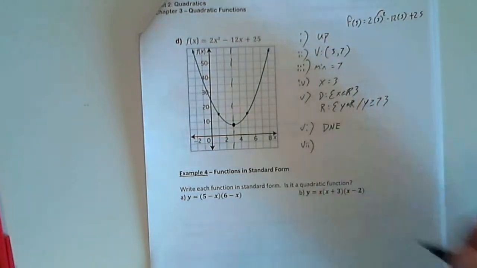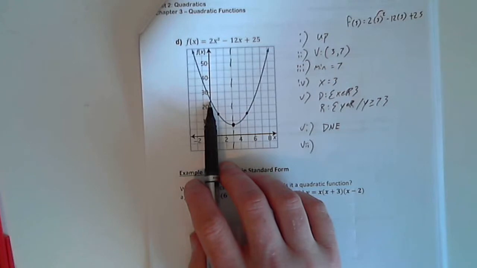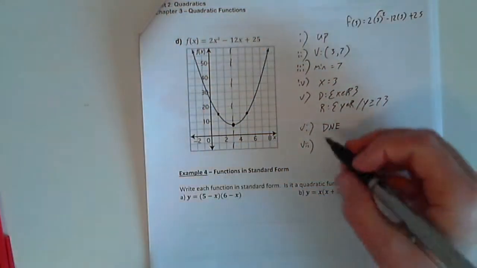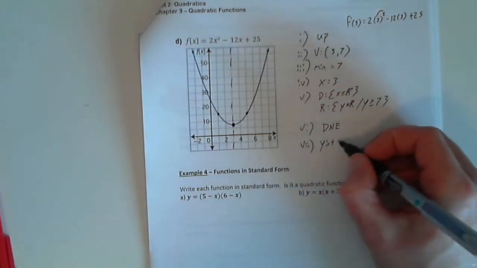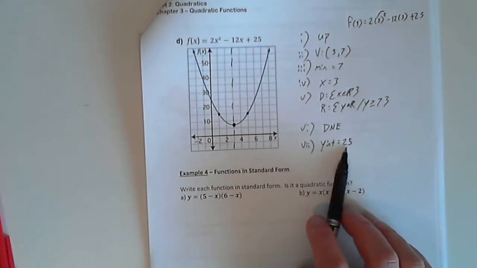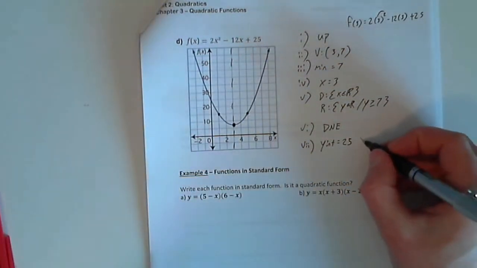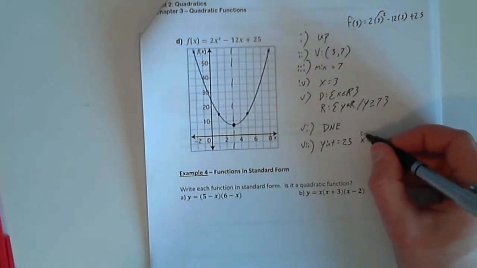And our last question, what is the y-intercept? Looks to be a whole number, looks to be 25. That's actually really easy to find. You could look on the graph, or you could sub in the value x equals 0.